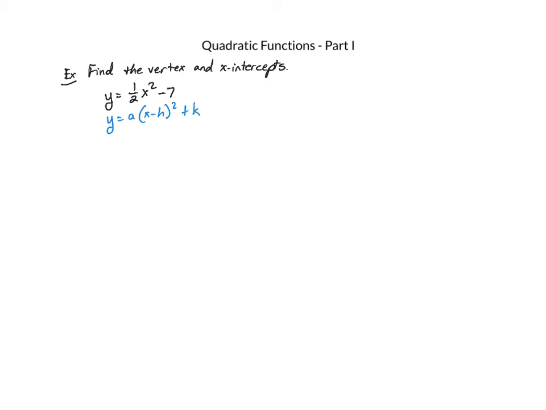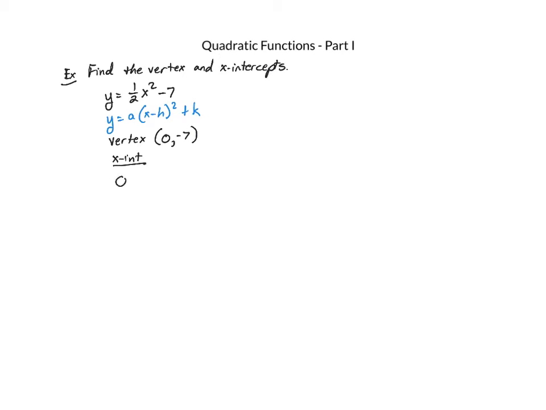Now, our h for this particular problem is 0. In other words, there has been no horizontal shift of that parabola. And our k value is -7. So our vertex is at (0, -7).